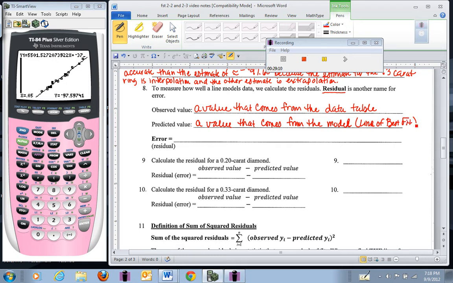We might have a quadratic model, an exponential model, a power regression, those kind of things. But for now, it's the line of best fit. And the error or the residual amount is the observed value minus the predicted value. The observed minus the predicted.